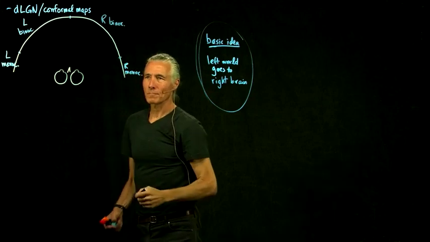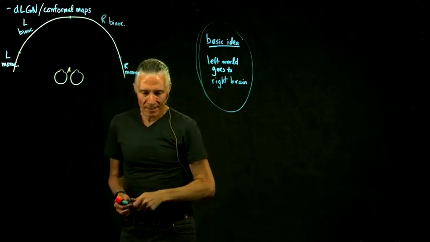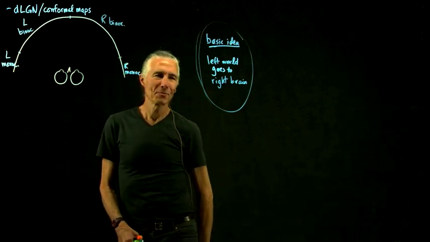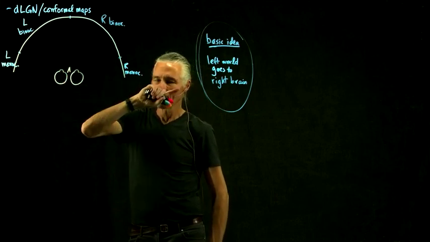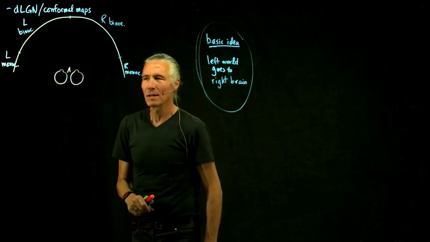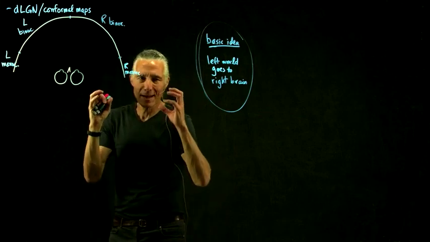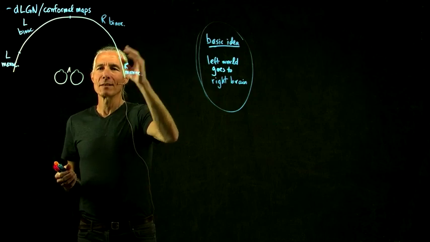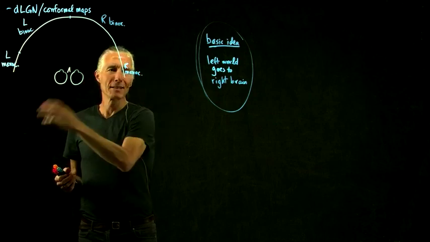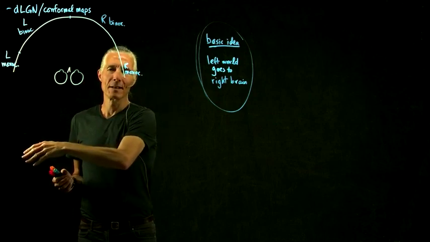Now let's look at what happens as it goes into the system. Back in the day, the eyes were off to the side. It was easy. The right world just essentially went into the right eye, and then that went into the left brain.